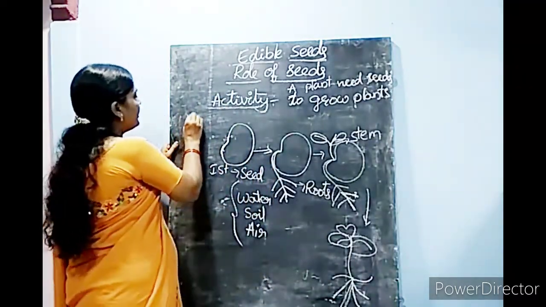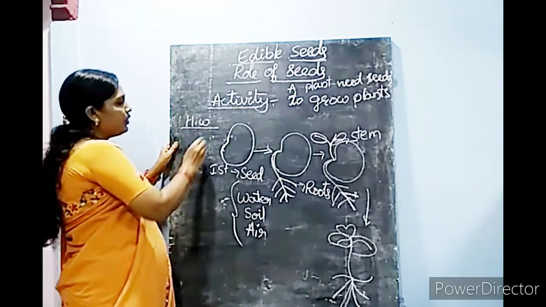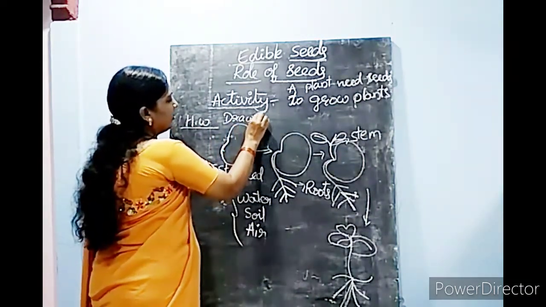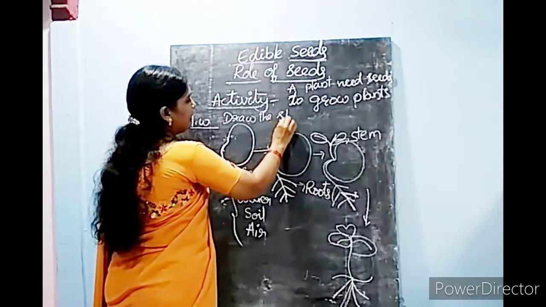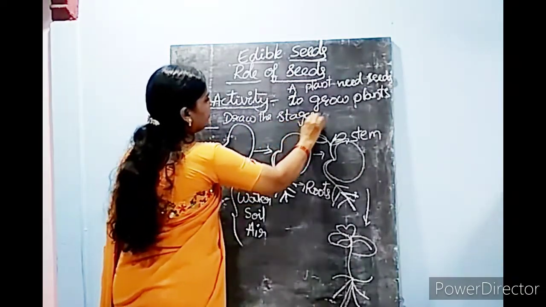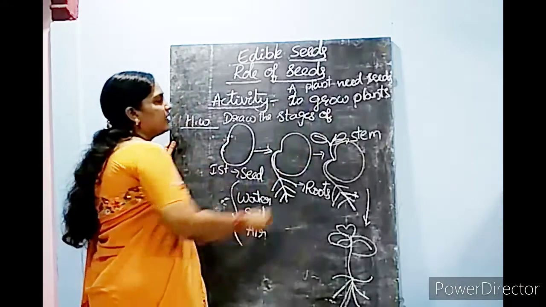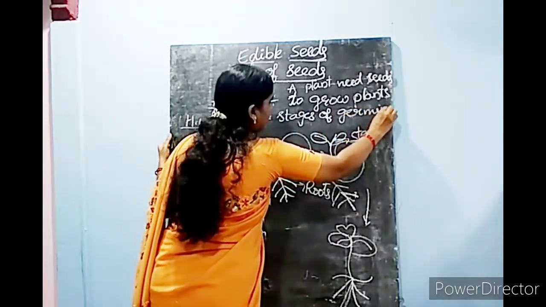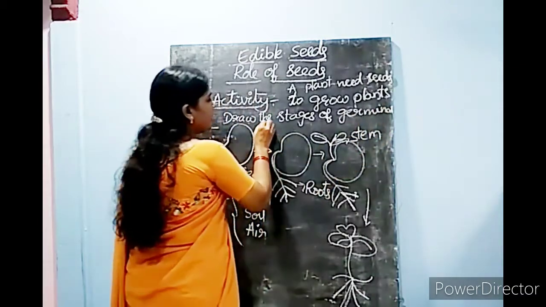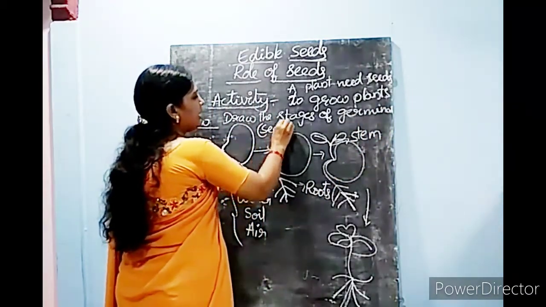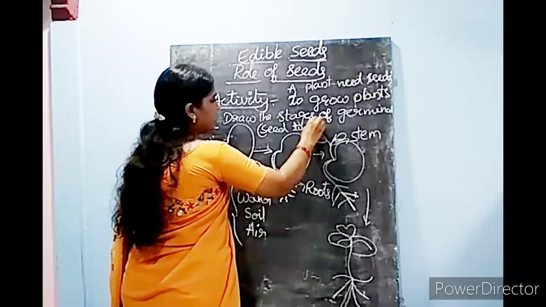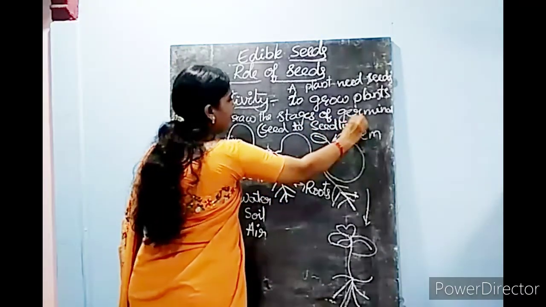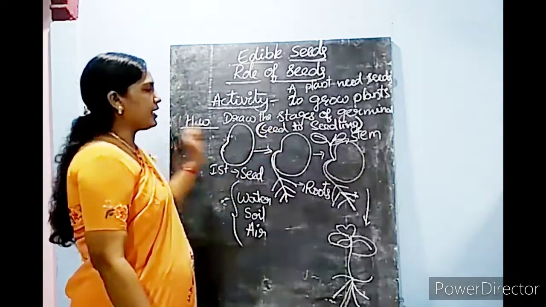Along with this, draw the stages of germination. Germination means you write seed to seedling. Seedling or baby plant, both are the same meaning.